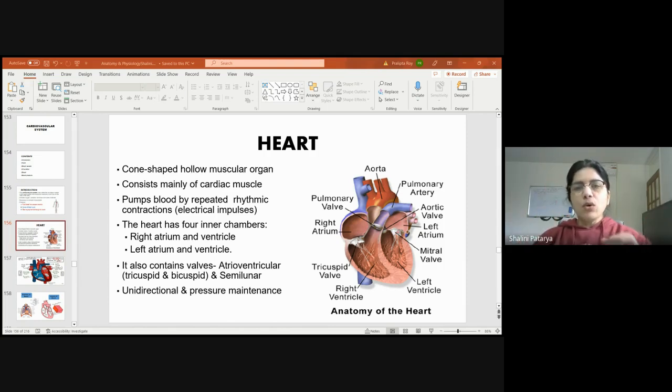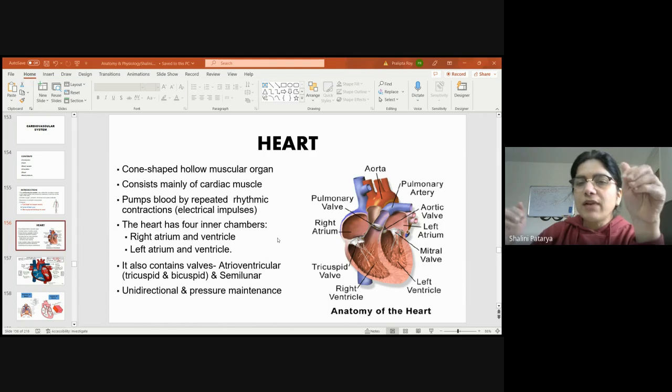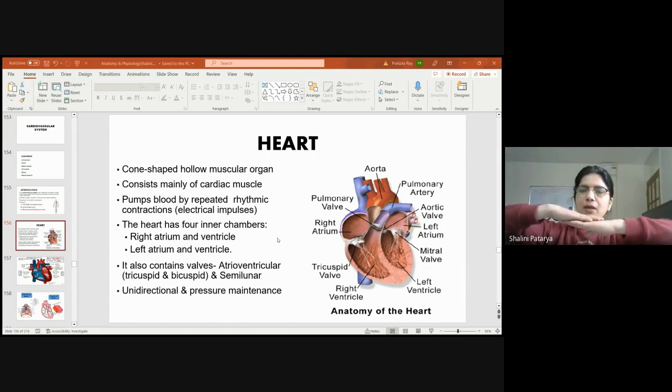Now there are a little bit more things about it. Blood will always come from atrium to ventricles. See, this is the heart. The upper part is atrium and the down part is ventricles, for both sides. There are four parts of the heart.